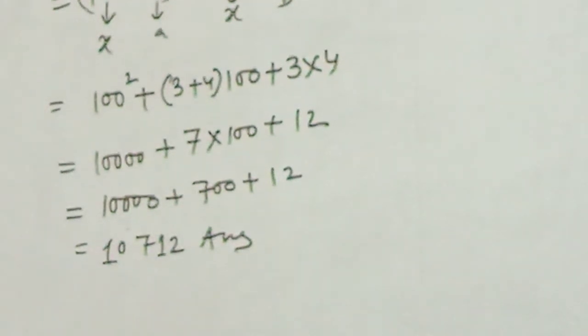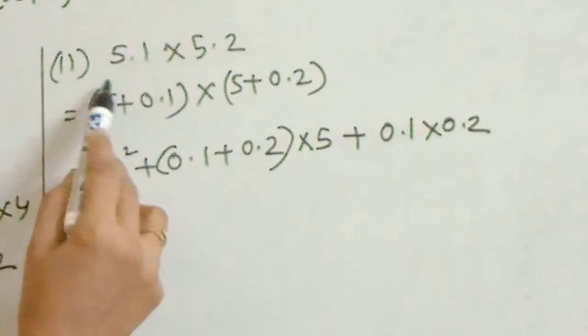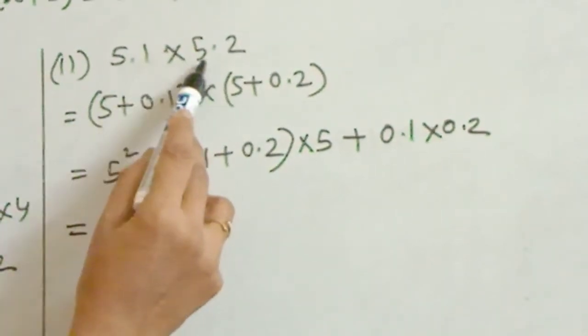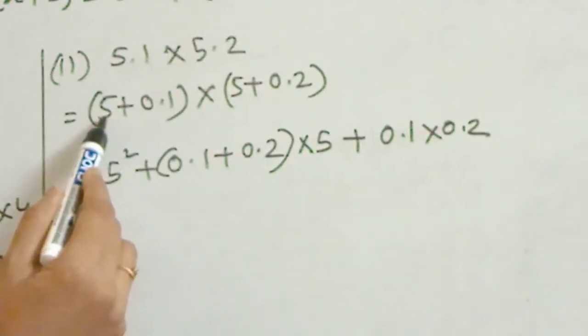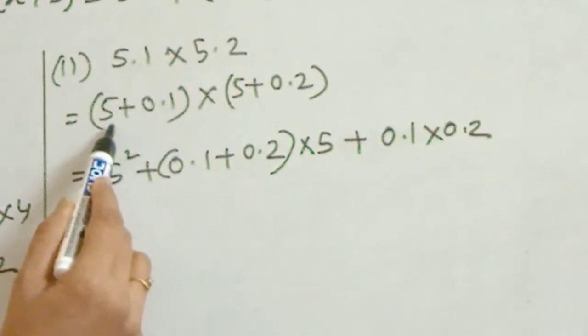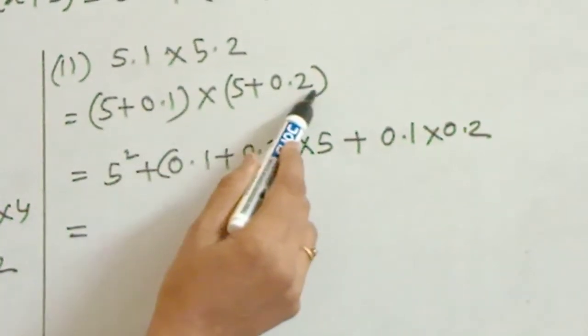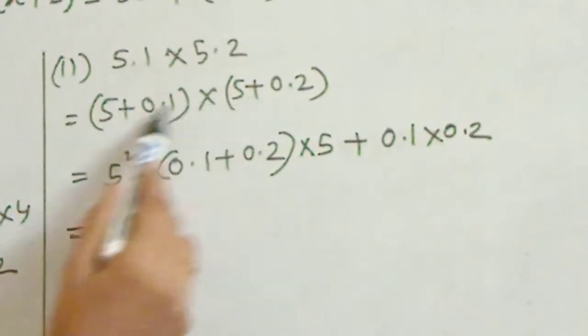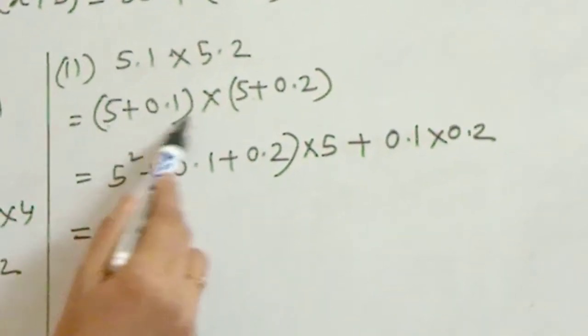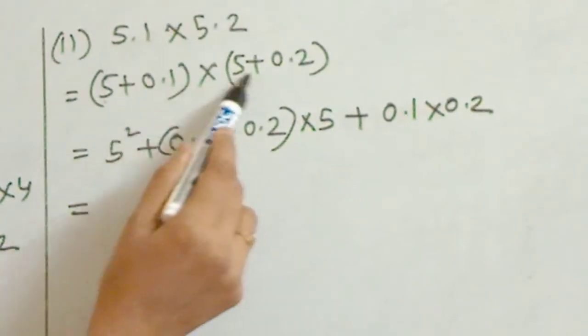Come to the next question. Now question number 2, 5.1 into 5.2. Same way we will separate 5.1 in the form of 5 plus 0.1 into 5 plus 0.2. We will consider it x plus a, x plus b.